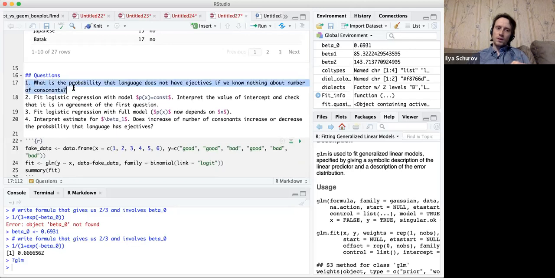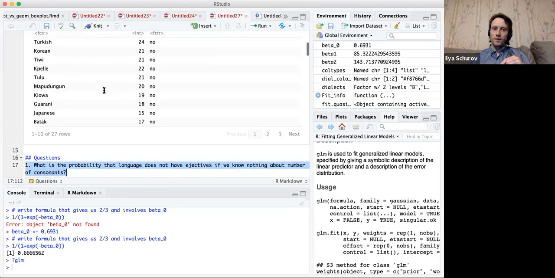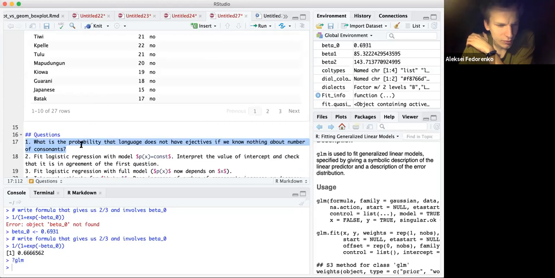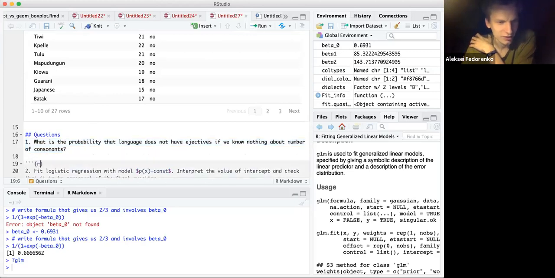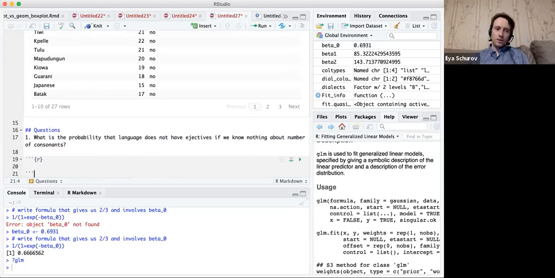So what is the answer for question number one? And how did you get it? This is 0.37. Okay. And how did you get it?